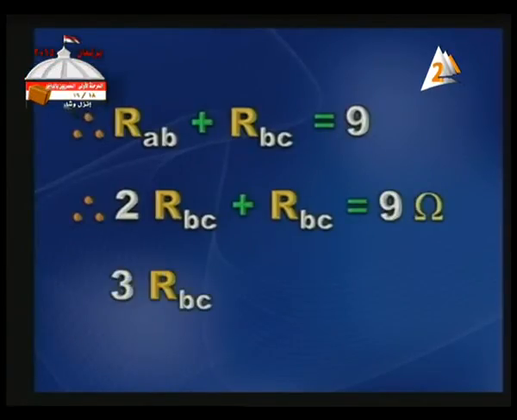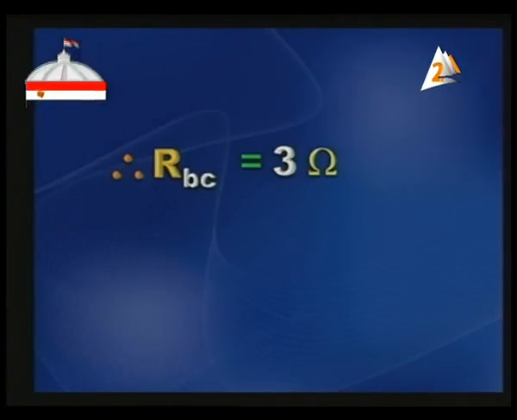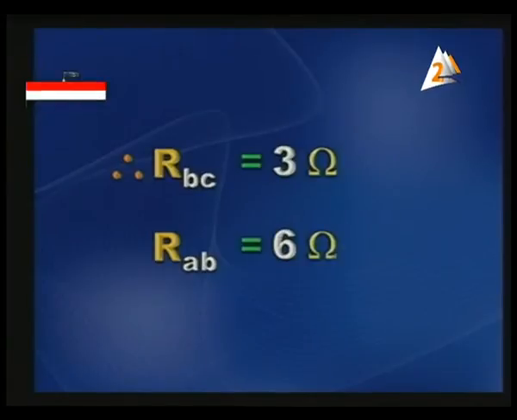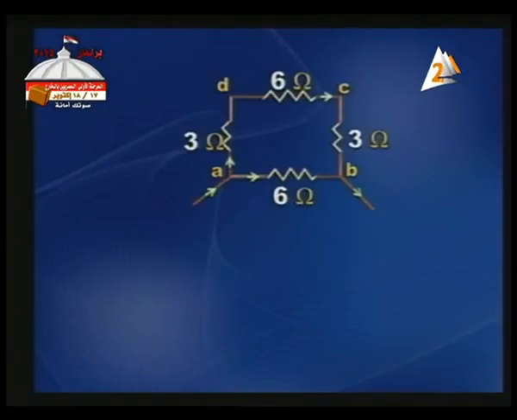So we managed to obtain the resistance of the portion BC. It is 9 over 3, of course, which is 3 ohms. And now resistance of AB equals 6 because it is twice the resistance of BC. Now we have the resistance of each branch.